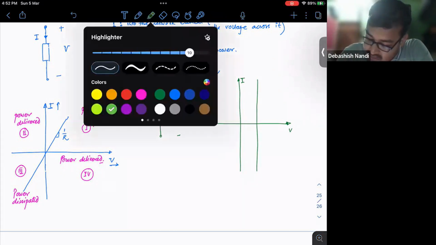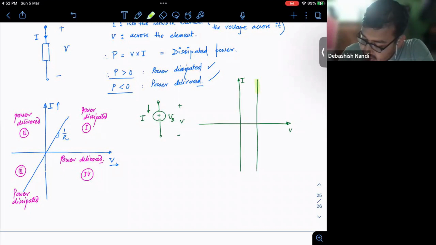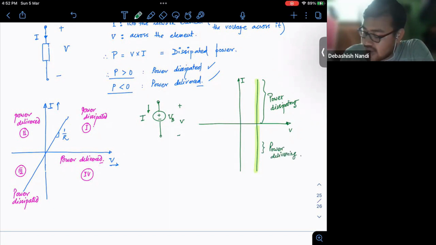You can see that it is going into two quadrants, right? In this quadrant, it is power dissipating, and if it is in this quadrant, it is power delivering. And mostly my batteries will lie in this and this quadrant.